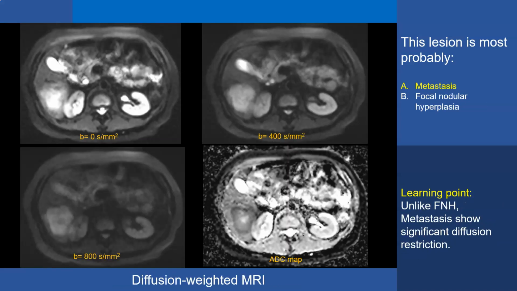Another method that may be helpful if we do not have the dynamic gadolinium enhanced study is the diffusion weighted image. And this is the diffusion weighted image of the same case we are discussing now, and it shows marked diffusion restriction at the periphery of the lesion, and this feature is a feature of metastasis and does not occur in focal nodular hyperplasia.